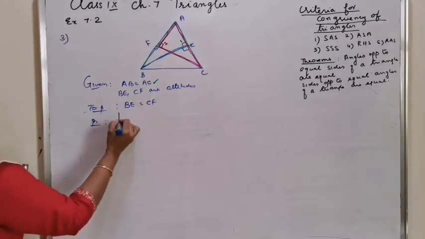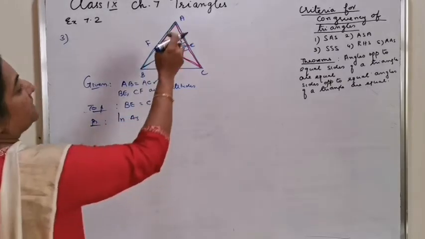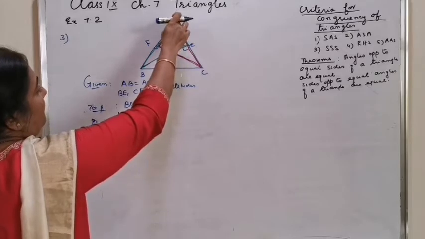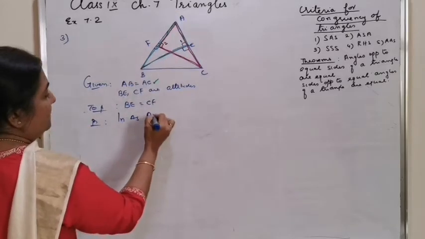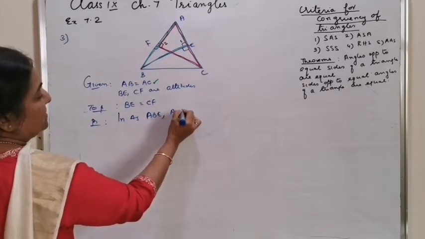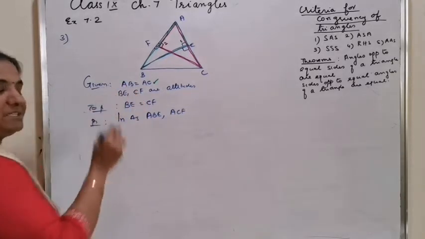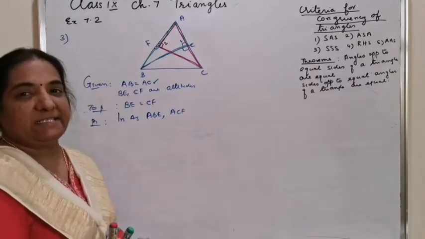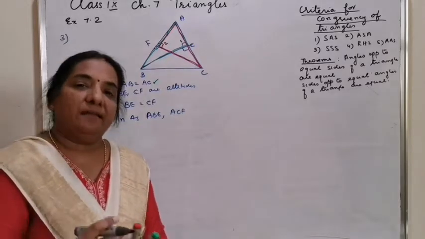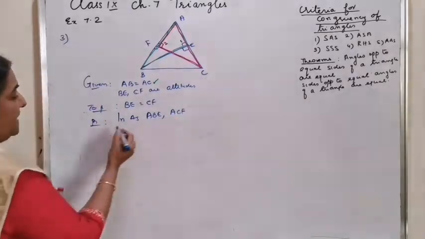So the proof is in triangles ABE and ACF, that means we have to use both the conditions, so pick out the triangles in which those two sides are involved. ABE and ACF.